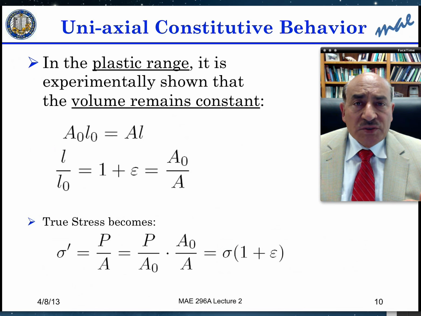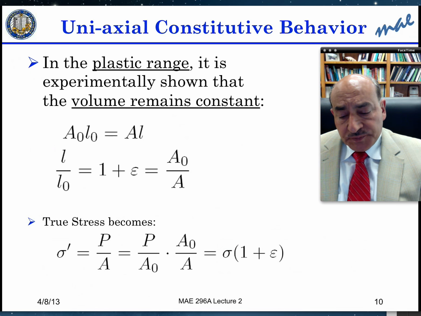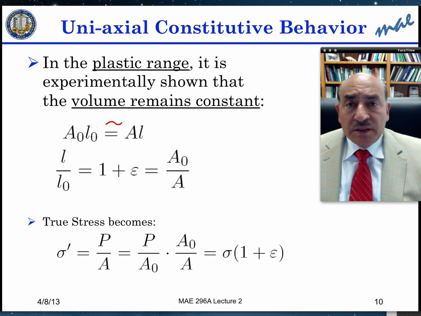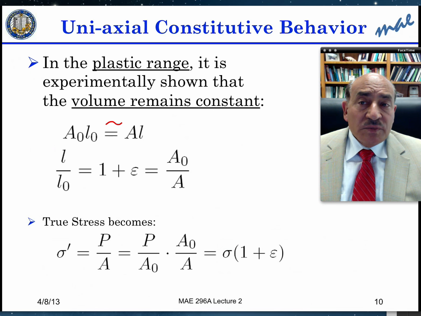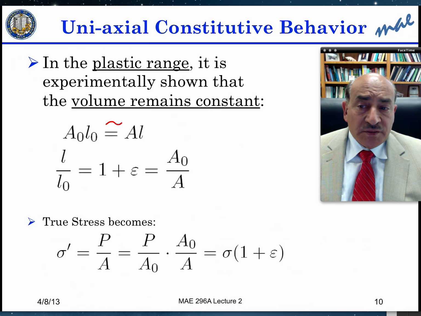And the connection that we'll use is that in a plastic deformation, if the majority of deformation is plastic, then no volume will be increased or decreased. So it's called a volume conservative deformation. And if the deformation is volume conservative, then approximately the product of the area times the length will be the same in the reference and in the current configuration.